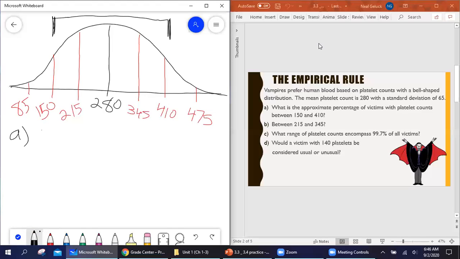That, according to the empirical rule, represents 95% of the data. For letter B, between 215 and 345, well, that's only 1 standard deviation each way. That, according to the empirical rule, is 68% of your data.